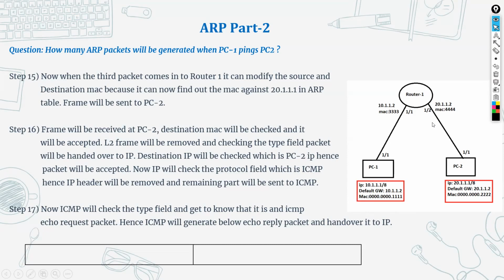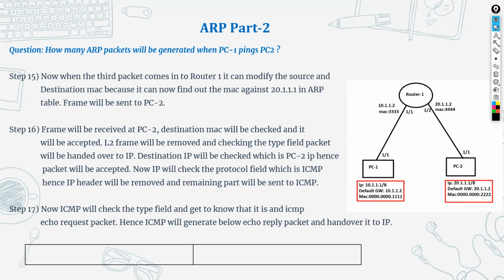But because router 1 already did the ARP process, it knows the destination MAC address of PC2, so it can change the source MAC and destination MAC in the packet it received from PC1. So source MAC will be 4444 and destination MAC will be 2222. Using the physical layer, PC2 is going to receive this information. The frame will be accepted at layer 2 by ARPA because the destination MAC is 2222.